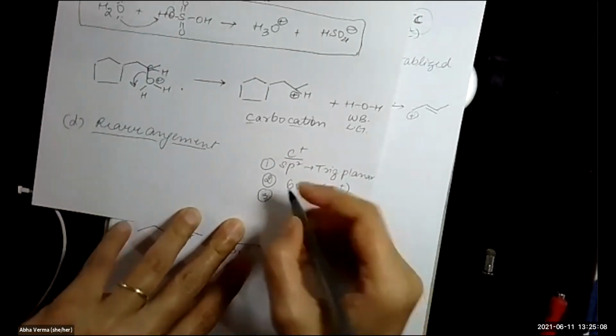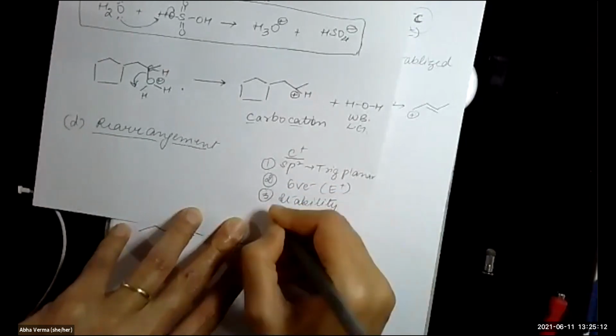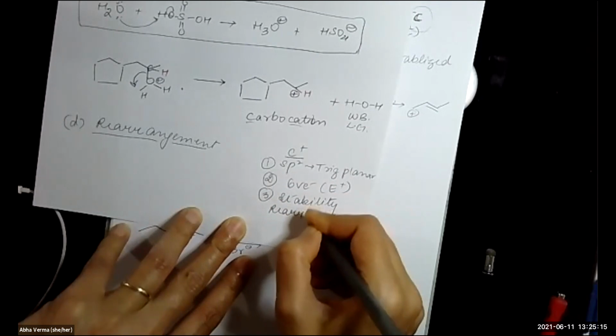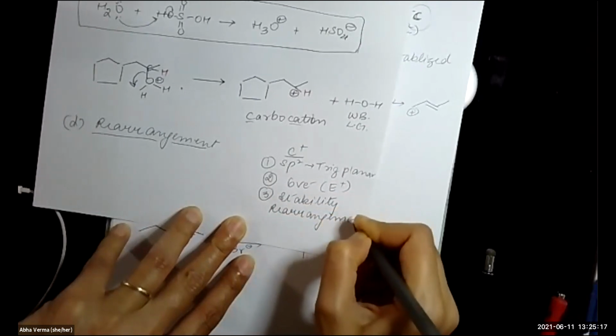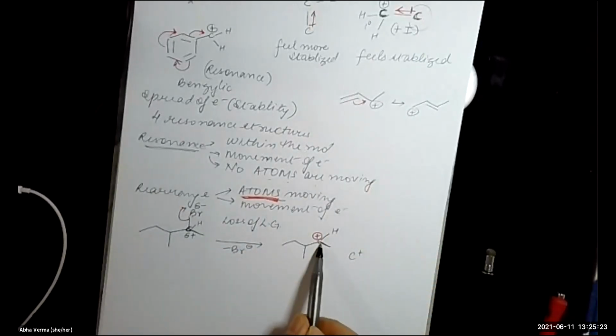It is electron deficient, and it seeks stability in form of rearrangement. Every carbocation seeks more stability. For your course, it will only look on its adjacent carbons.